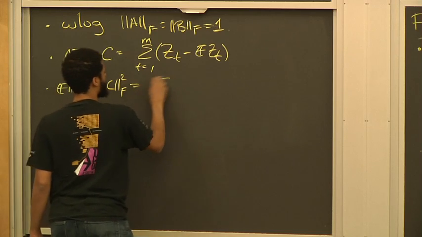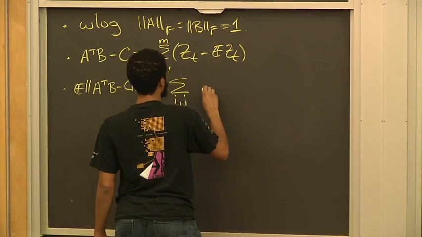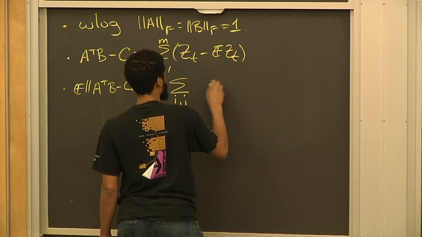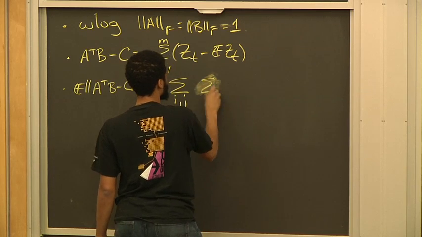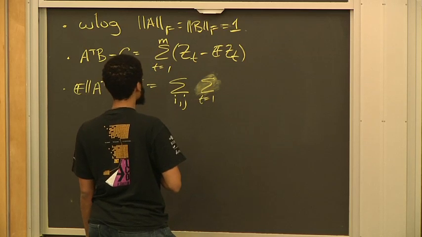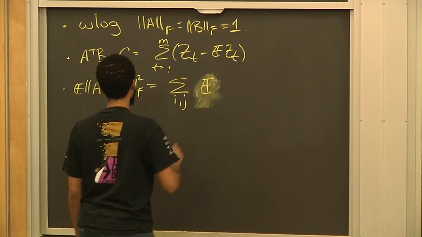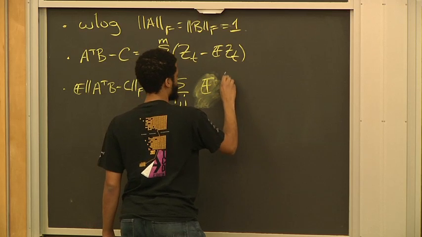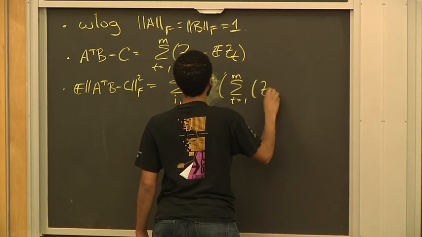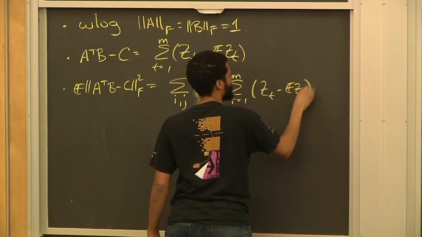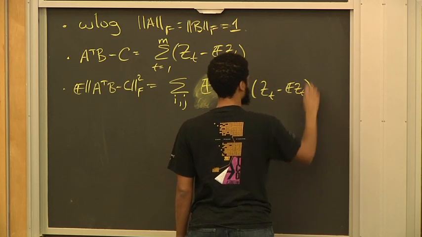So this is the sum over all ij of the expectation over pi of the sum over t from 1 to m of (Zt minus expectation Zt) at ij, squared.